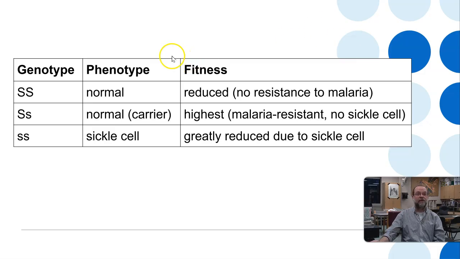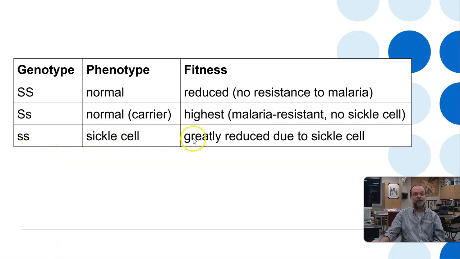Now, one of the things about sickle cell is if you have the normal phenotype, if you have big S homozygous dominant, you don't have sickle cell, but you also do not have resistance to malaria, which is a mosquito-borne disease, okay? And malaria can be fatal if untreated, okay?